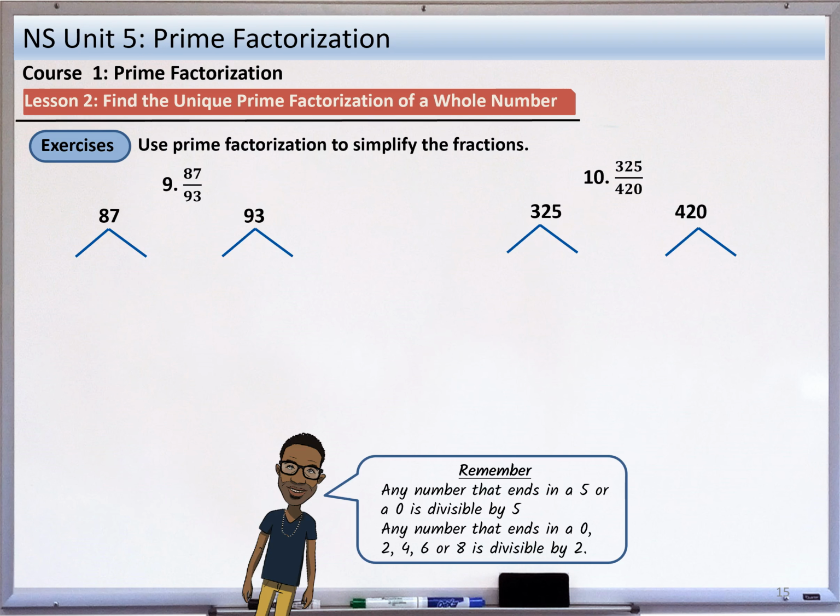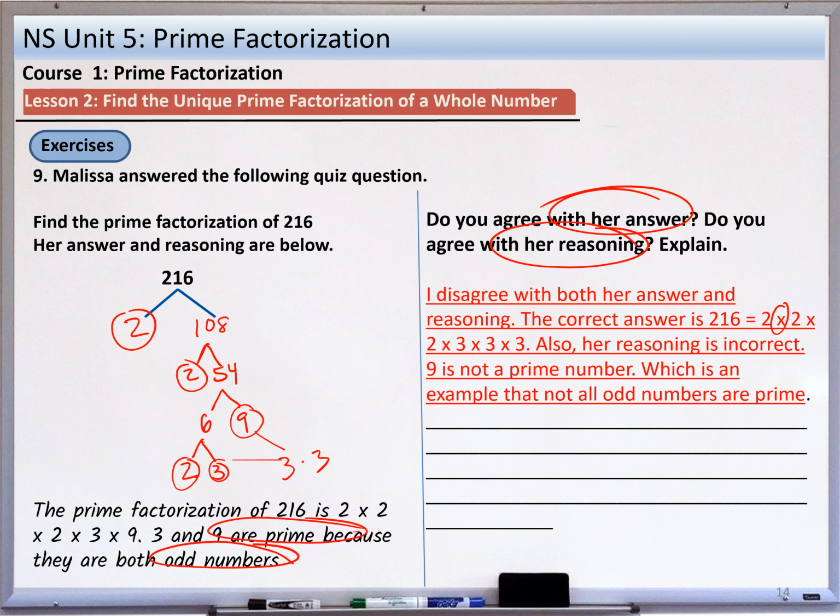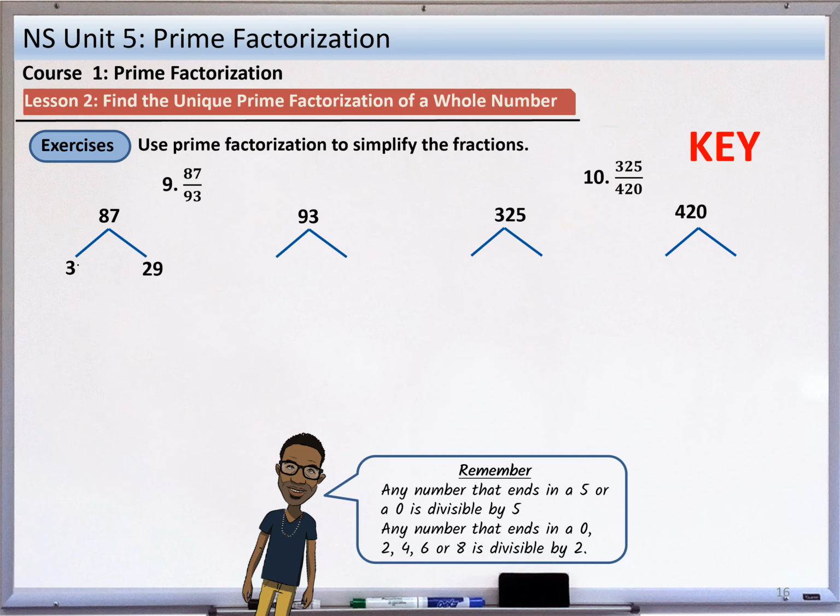All right, I think we're going to wrap up the next few problems, see where we are. So again, hopefully you already did these. We need to simplify the fractions 87 93rds and 325 420ths.